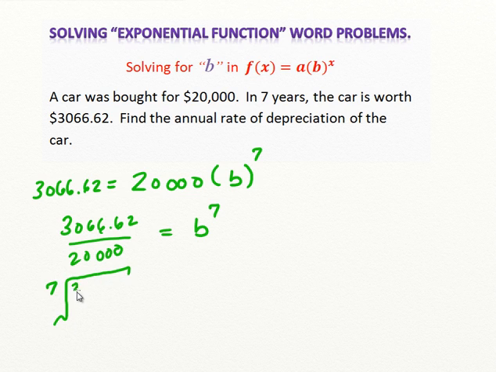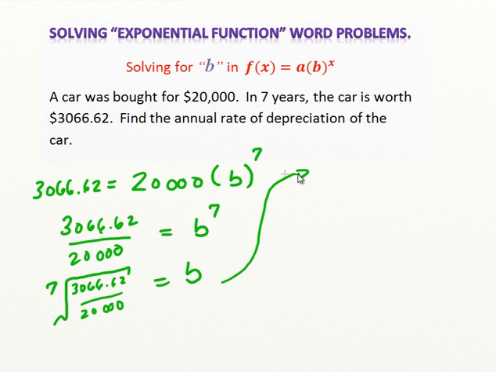So that will be the 7th root of 3066.62 divided by 20,000. And I would encourage you to hold off on evaluating the quotient inside and do it as part of the 7th root so that you don't lose any decimal accuracy. And when we get that answer, that will be the value of b.